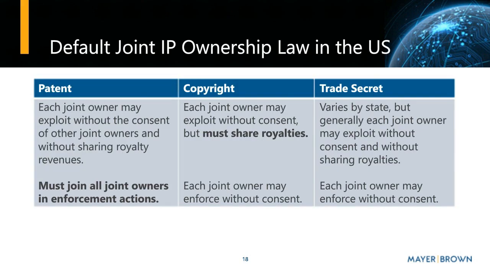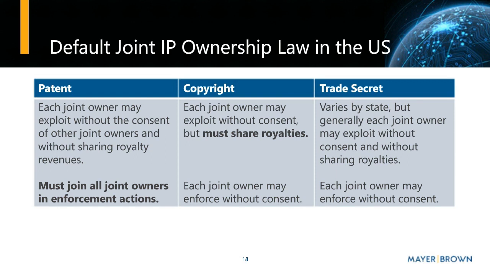In the U.S., for patent rights, the default rule is that each joint owner may exploit without the consent of the other joint owners and without any duty to share royalties. This is codified in Title 35 U.S.C. Section 262.